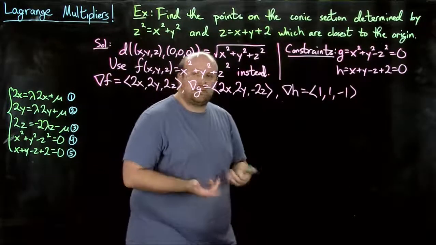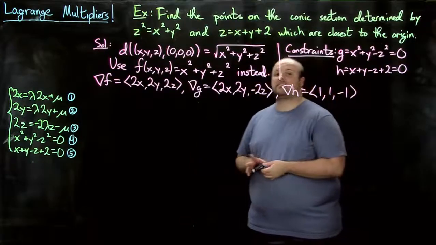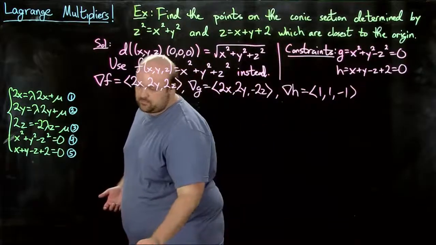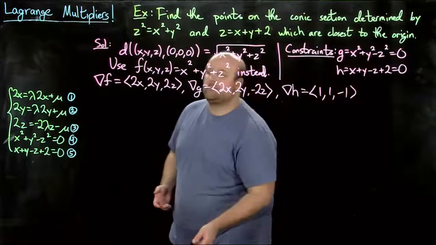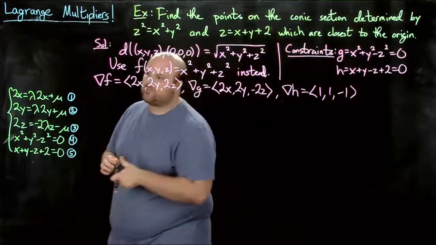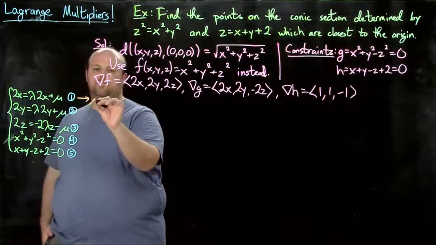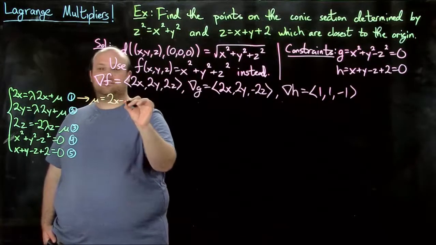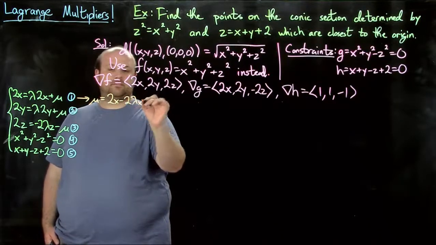All right. So now we have to go about solving this. This is where things can get a little bit tricky because there are so many equations, but thankfully, I chose an example that wasn't so bad. In equation 1, we can solve for mu to be 2x minus 2 lambda x.